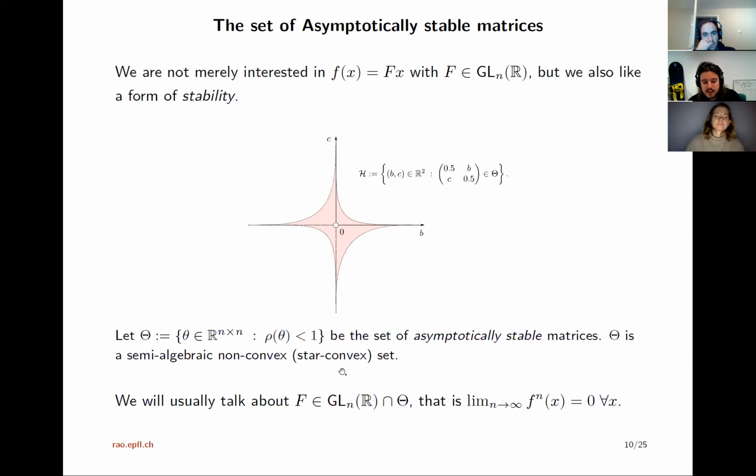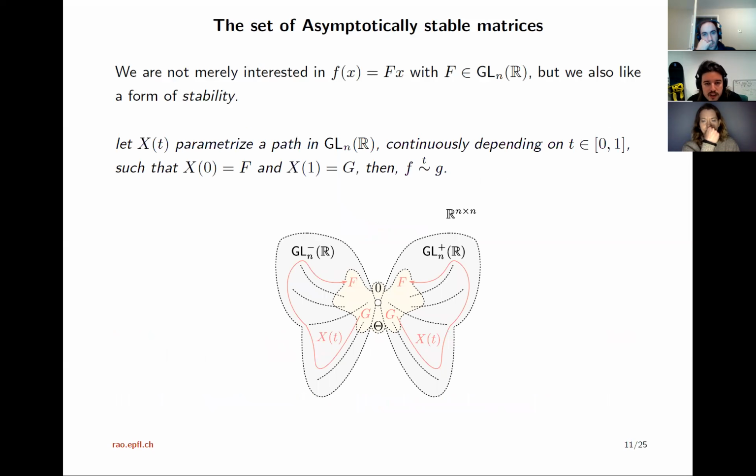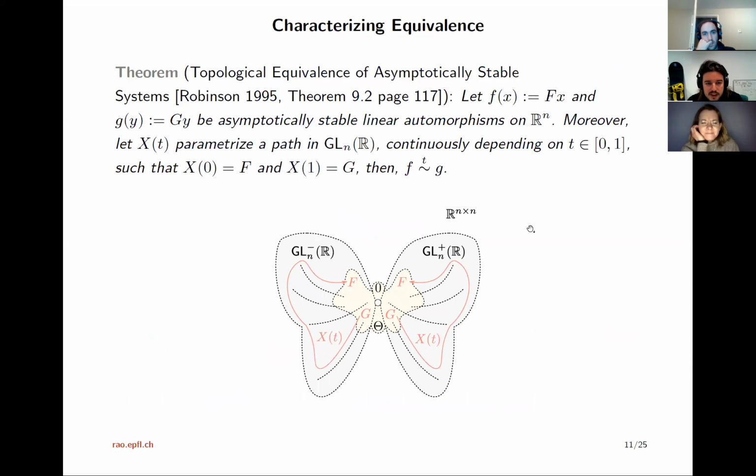Okay, so this is our starting point. Given that the matrix which parameterizes this map is invertible and stable, we can appeal to a rather nice characterization of topological equivalence. I'm not sure if this is actually a result by Robinson or if this is one of the first books where it was stated, but anyway, I took the theorem from that book.